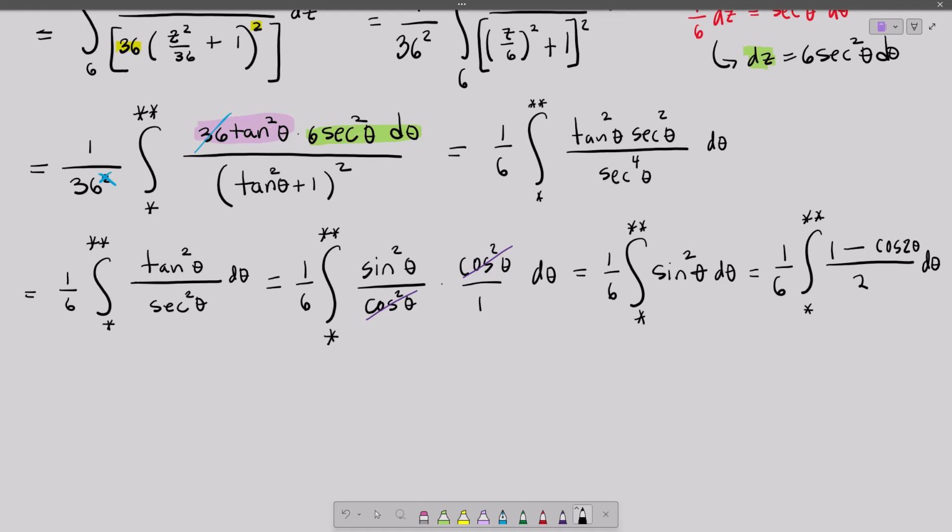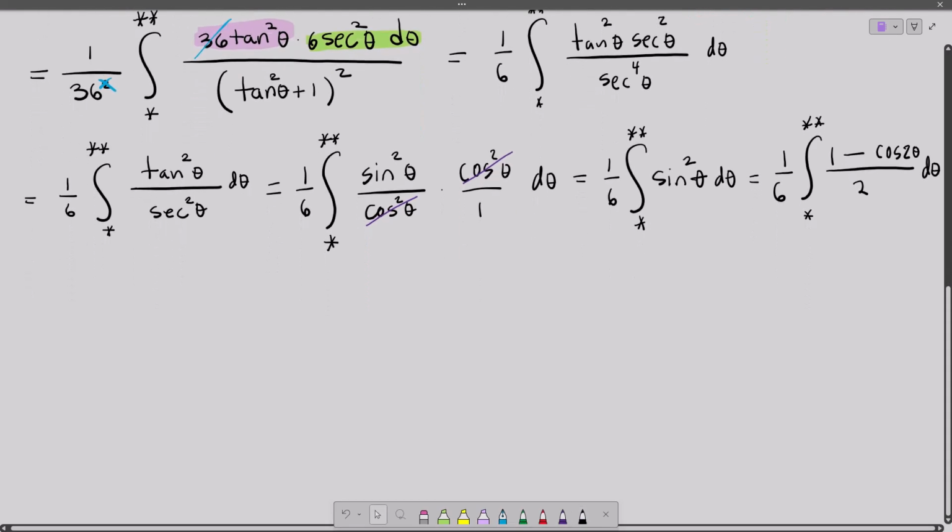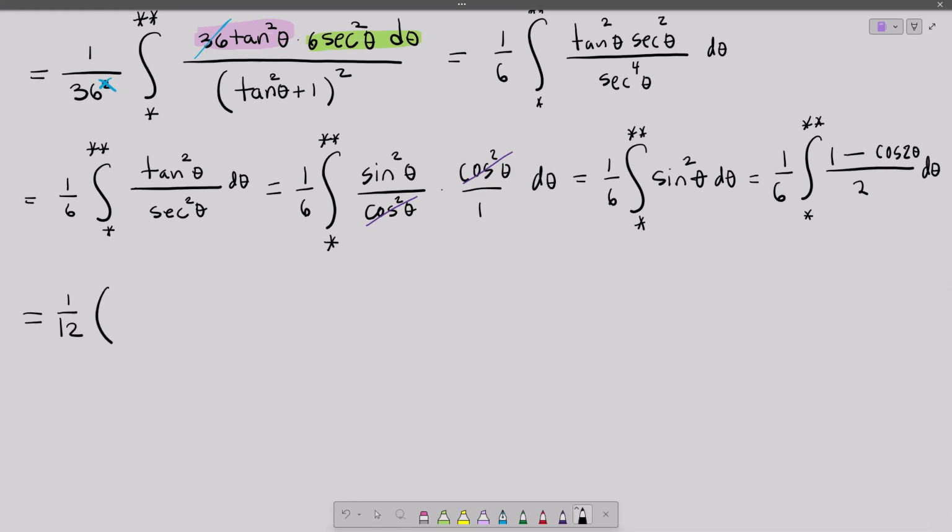And that over 2 part just comes to the front. So the division by 2 becomes 1/12. Then we integrate 1 and we get theta. We integrate cosine and we get sine of the same angle. But then we do reverse chain rule and divide by 2. And then we have our placeholder limits.